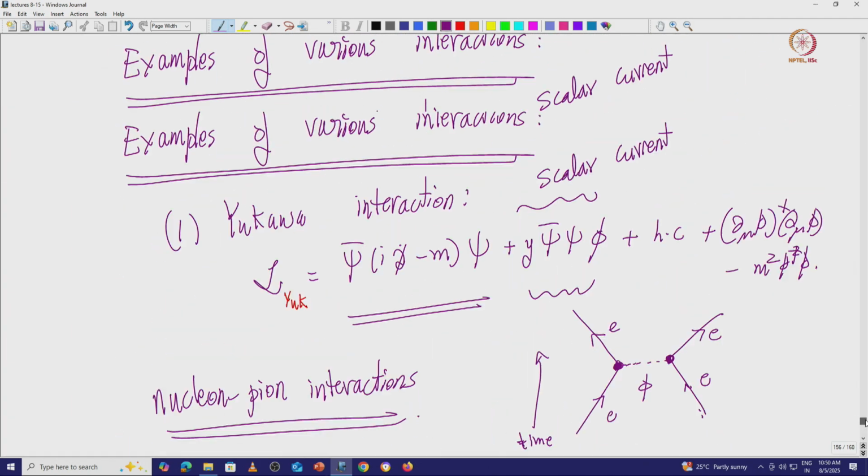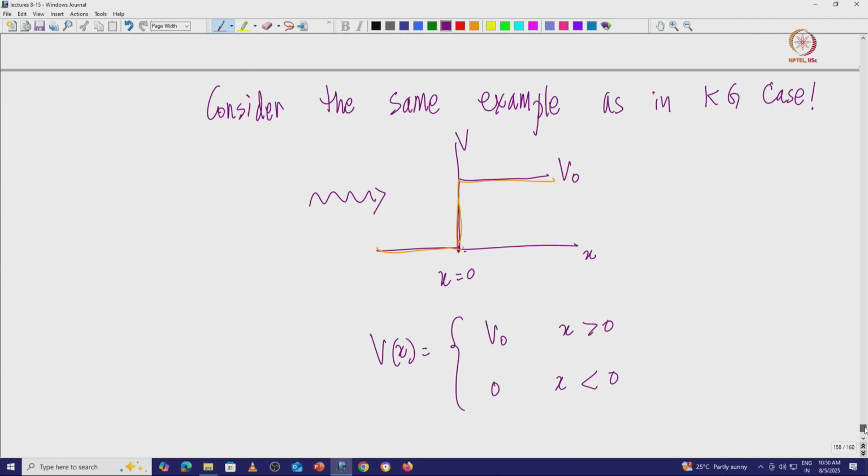It comes in and scatters, so you have a reflecting wave on this side and a transmitting wave on this side. Now you try to compute the reflection coefficient and transmission coefficient.